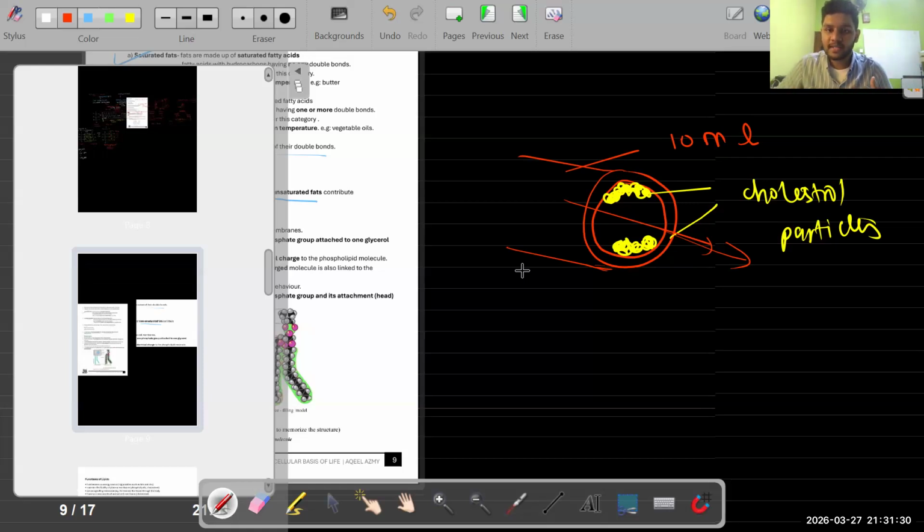But the problem is where? In these blood vessels, even if you pump more and more blood, there is a blockage. So the blood rate through this starts to decrease. Normally it was 10 milliliters, now it has decreased to 4 milliliters. Even though you pump more and more blood, only 4 milliliters will flow through this. So the heart keeps on pumping, pumping, pumping, and at one instance, what happens?